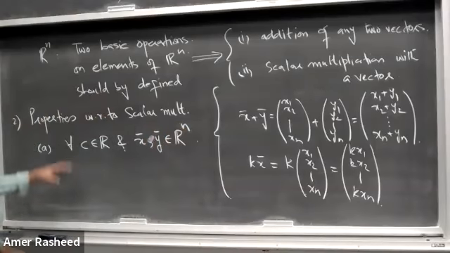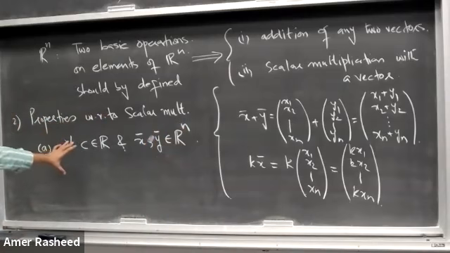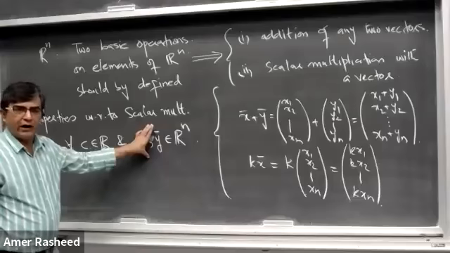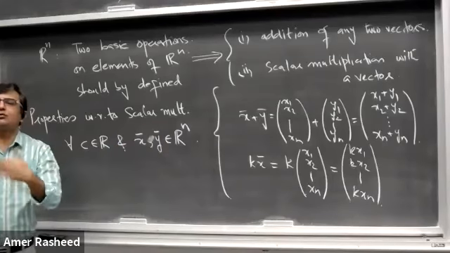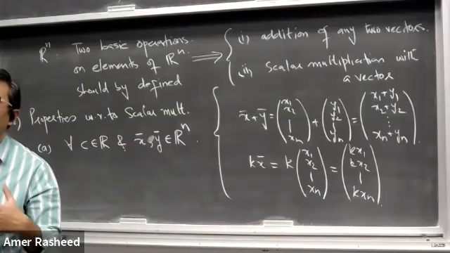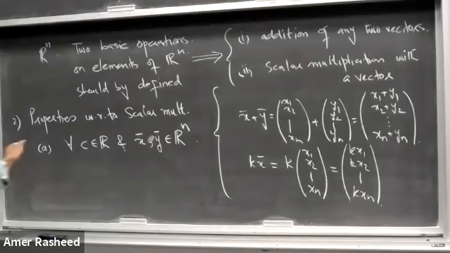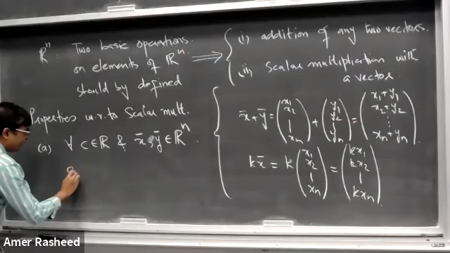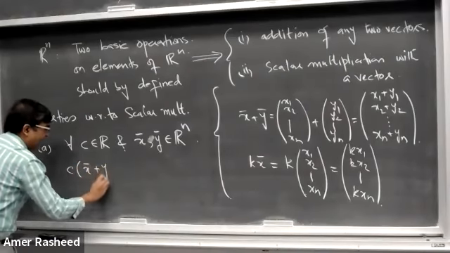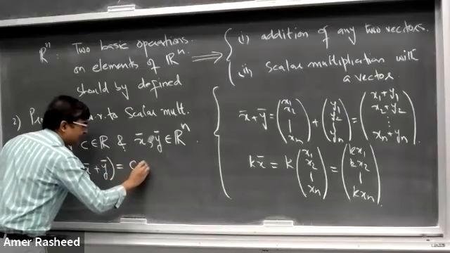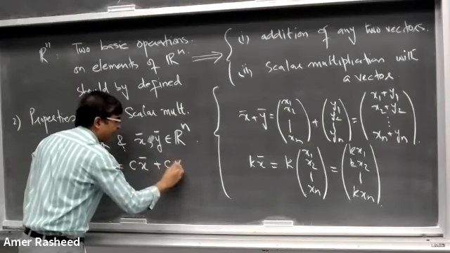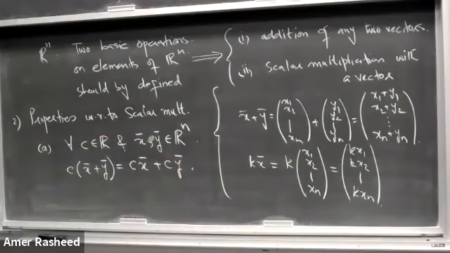In these properties we need at least one scalar and at least one vector, because we are going to write some property which involves scalar multiplication. So the property is C times (x plus y) is equal to C times x plus C times y.